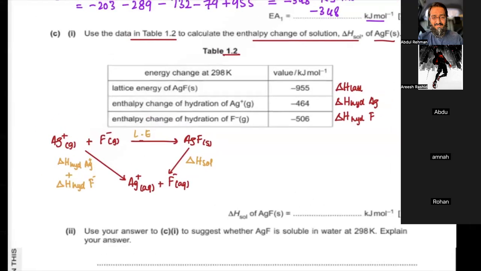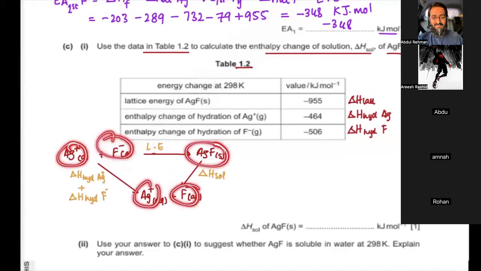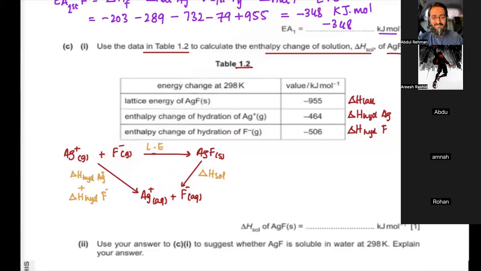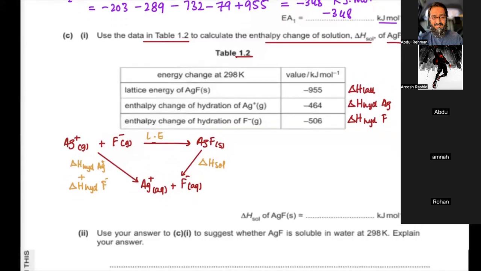And again, if you see, these all are 1 mole, so we are not going to multiply any of the values with any other number. We are going to take the values. Now, if you see the Hess cycle, this is the point where the cycle is being started, the starting point.